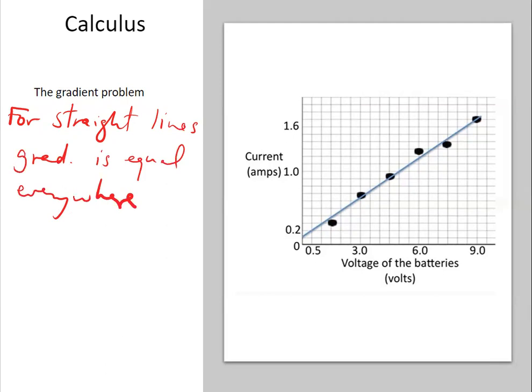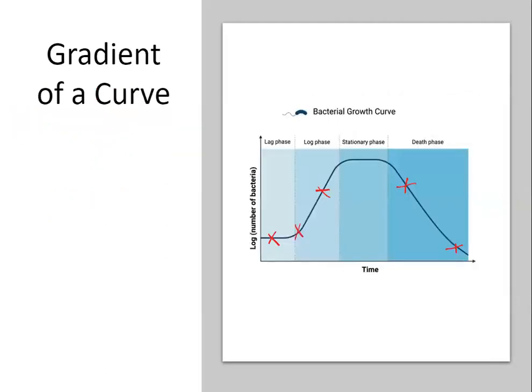However, if you have a situation where two quantities are related in a way that it's not linear, for example, look at this relationship here. Bacterial growth is related to time. Now, this is not a linear relationship.